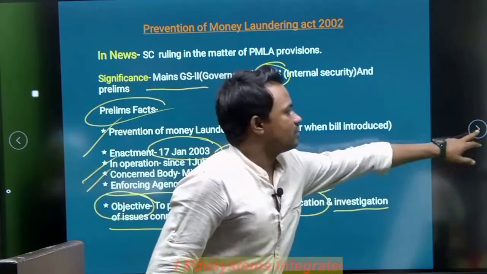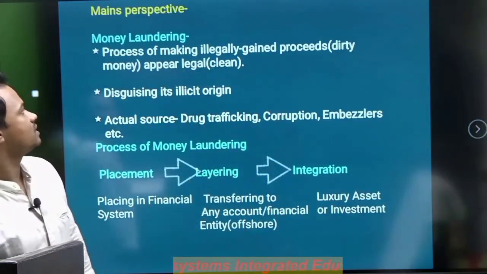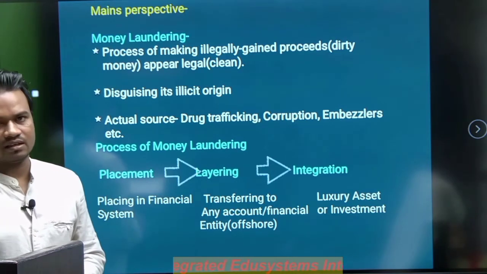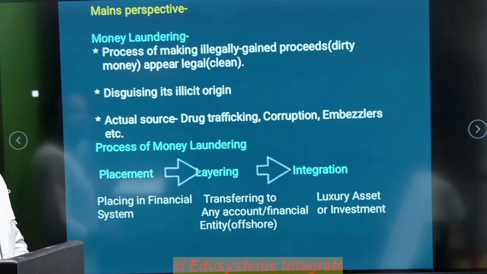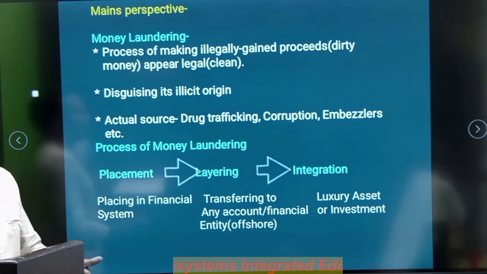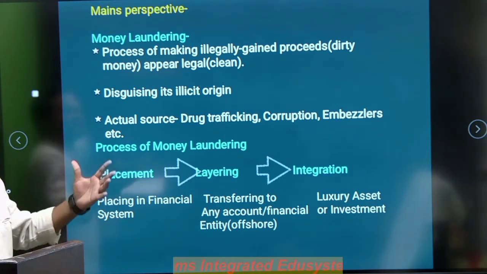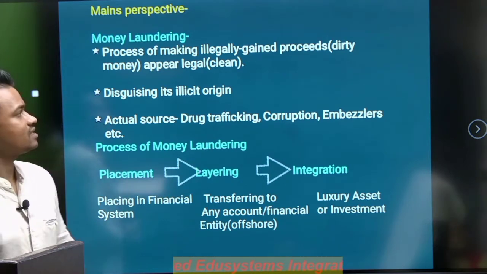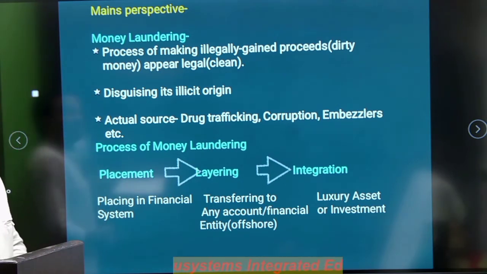Now, if we talk about the mains perspective of this law, first of all we need to understand what money laundering is. A generic definition is the process of making illegally gained proceeds, or dirty money, appear legal.